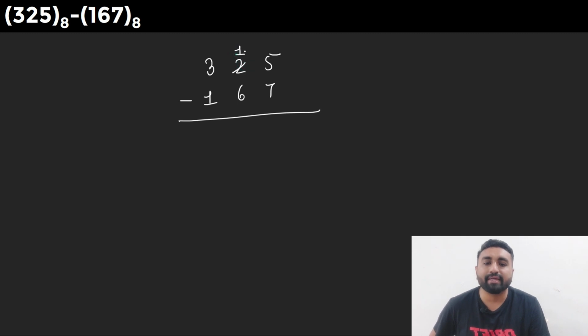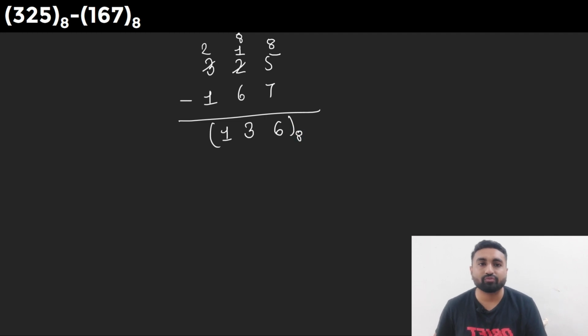So here we will take borrow, and borrow will be 8. 8 plus 5 we will have, that is 13, and from 13 if we subtract 7 we will get 6. Here also if you check out, 1 minus 6 cannot happen, so we will take borrow, and 8 will be transferred over here. 8 plus 1 is 9, and out of 9 if we subtract 6 we will get 3, and here 2 minus 1 will be 1. So that is your answer of 325 minus 167.